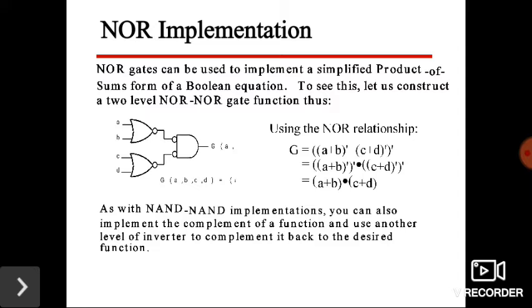From the figure, using the NOR relationship, G equals ((A plus B)bar plus (C plus D)bar) the whole bar, which is (A plus B) bar the whole bar dot (C plus D) bar the whole bar. Then using some Boolean simplification, we will get (A plus B) dot (C plus D). As with NAND to NAND implementation, you can also implement the complement of the function and use another level of inverter to complement it back to the desired function.